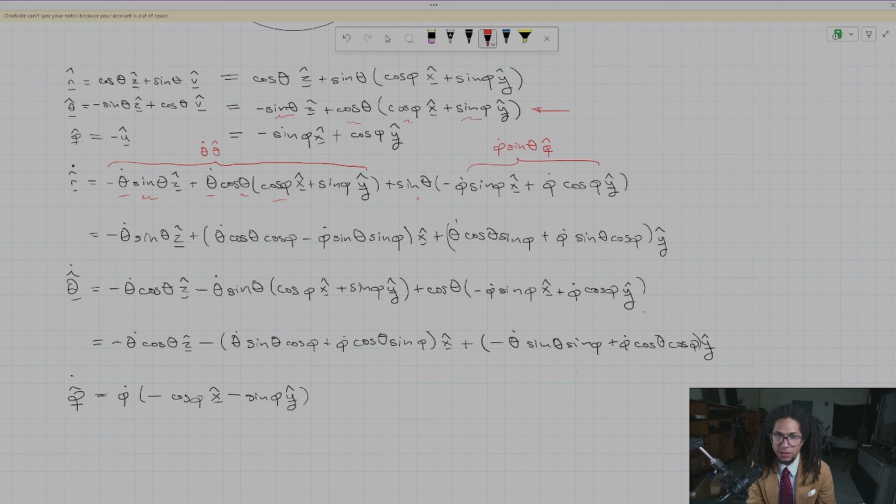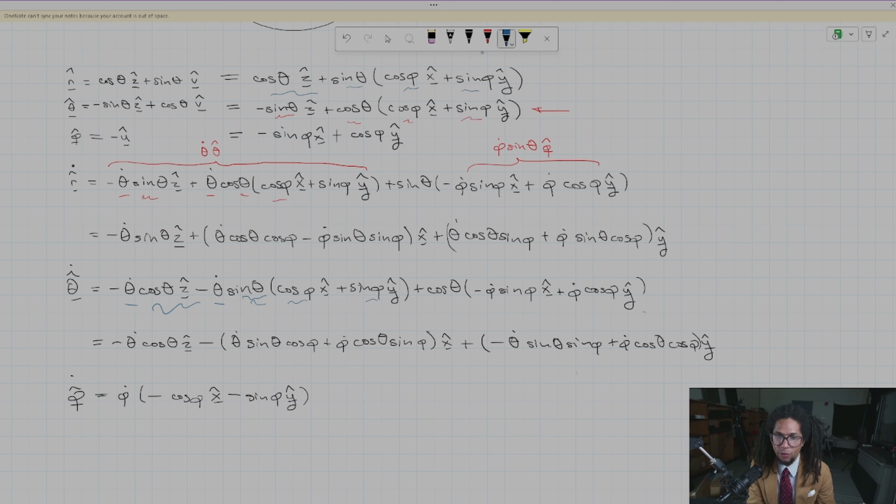All right, next, in the theta hat dot equation, we'll again look at all the theta dot terms and try to see if maybe they have something to do with the r hat unit vector. So we get a cos theta z hat, same thing here, sine theta cos phi x hat, same thing here, and a sine theta sine phi in the y hat.